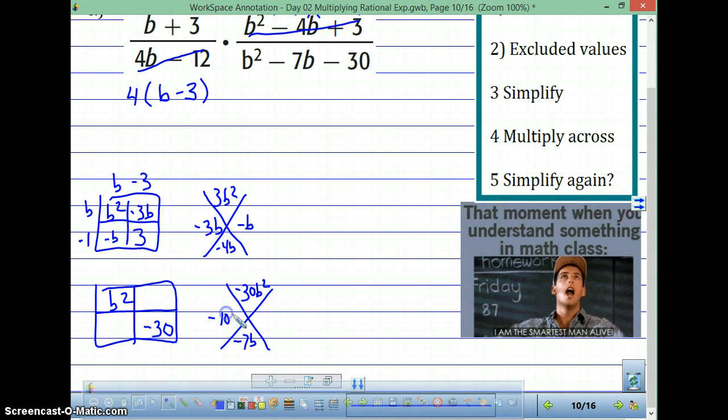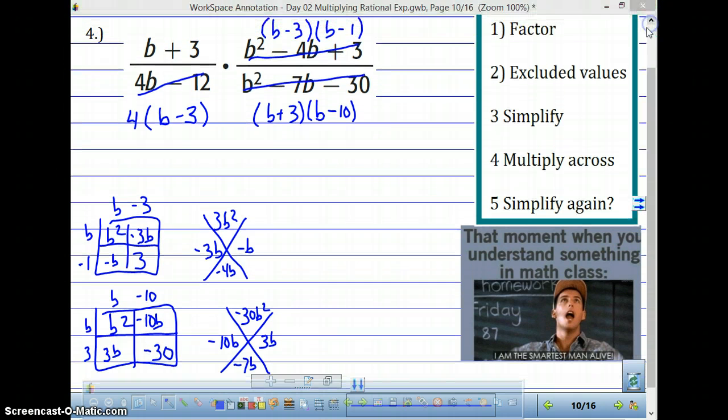I'm going to end up with negative 10b and positive 3b. I end up with b minus 10, b plus 3. So this we change to b plus 3 times b minus 10.